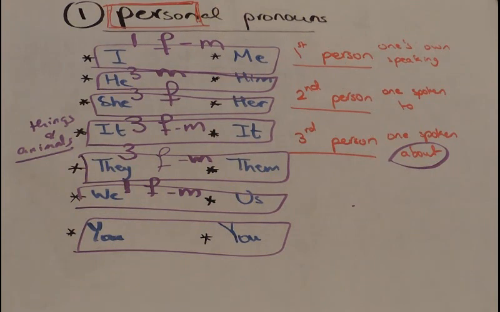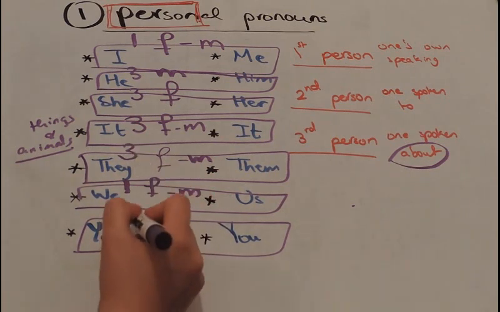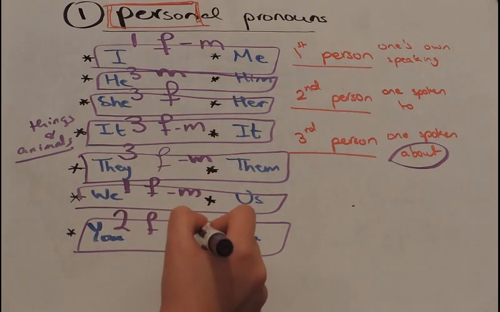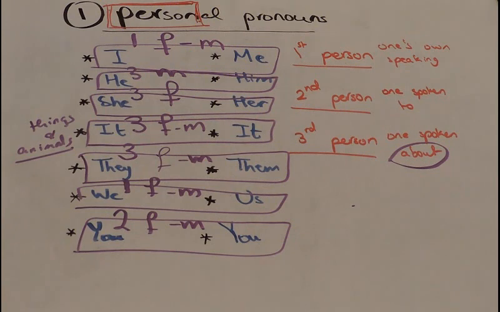I can see that person I'm talking about. So this makes it second person. When I say you, I'm pointing at this person who is there, and that person can see me talking about him or her. So it is also considered second person. So number 2, female and male.